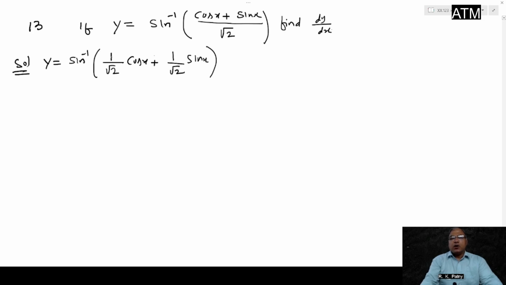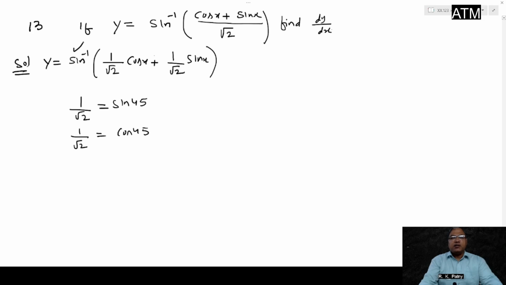Now 1 upon root 2 is nothing but sin 45, and 1 upon root 2 is also nothing but cos 45. Now we have to decide what to write in place of 1 upon root 2. In place of 1 upon root 2, either we can write sin 45 or cos 45. But what exactly is to be written? Out of the two, which has to be written here?